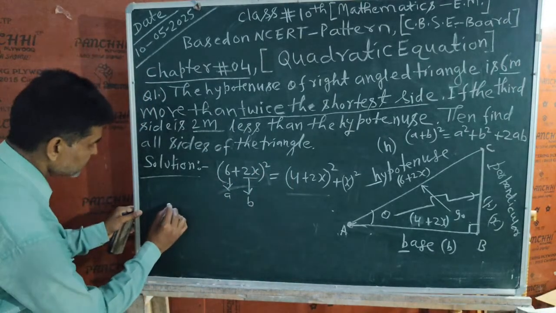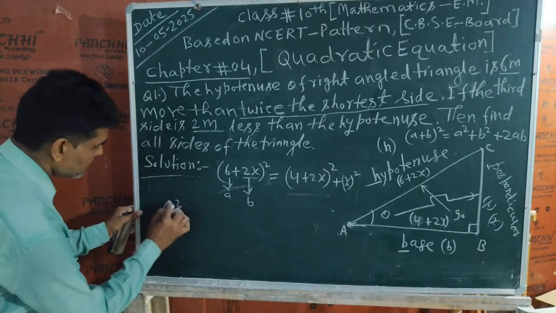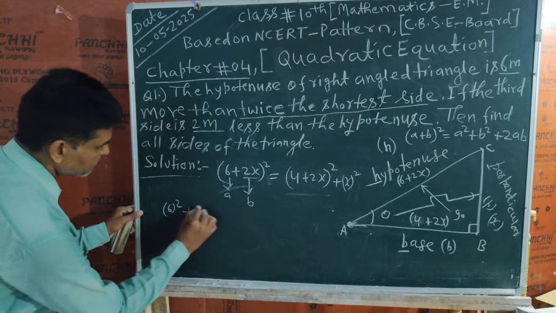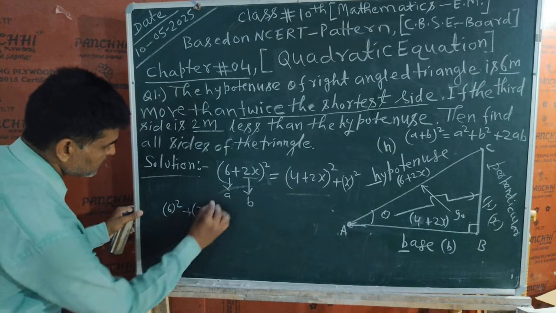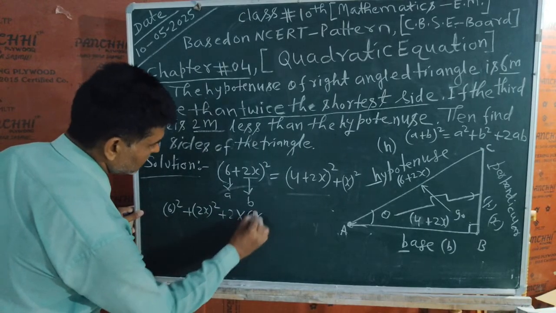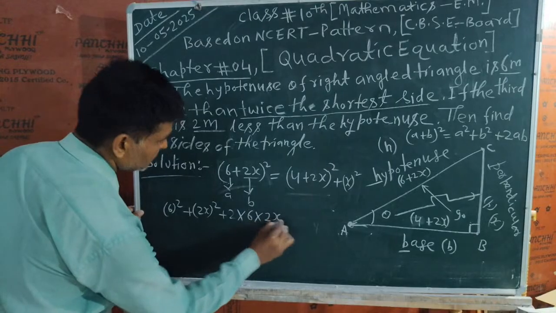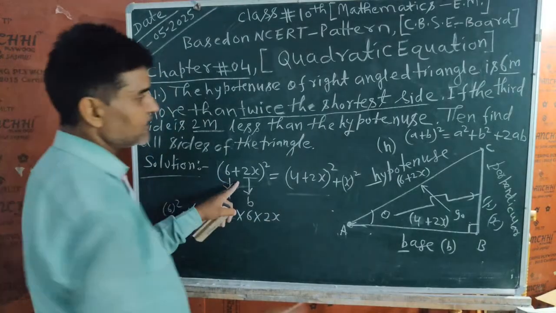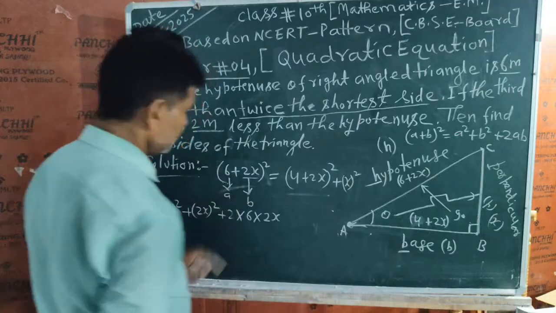So I will say a square plus b square plus 2ab. Here I have expanded with the help of this identity.